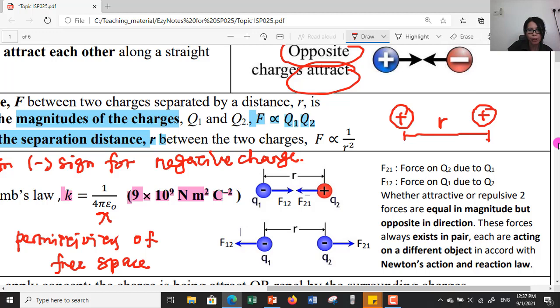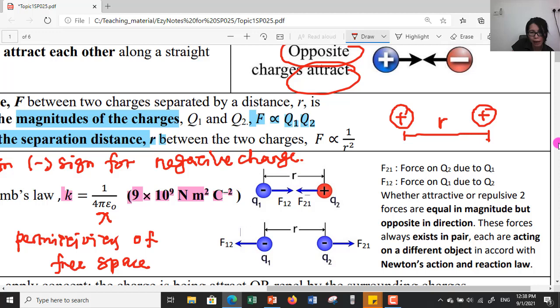So class, in between two opposite charges, we are going to have attraction force, and in between two like charges, negative, negative, charge yang ada tanda yang sama, dia akan saling repel. There will be repulsive force. So F21 is the force on Q2 due to Q1. Okay, so disebabkan Q1 adalah charge negatif, Q2 adalah charge positif, so Q2 akan rasa daya tarikan, attraction force towards Q1.